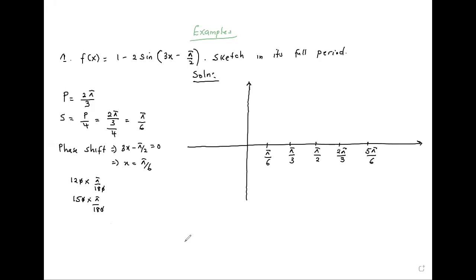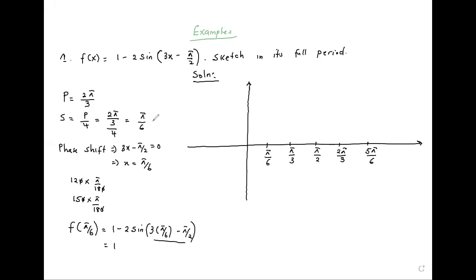Then now we get back to f. What is f of pi over 6? That's going to be 1 minus 2 sine of 3 pi over 6 minus pi over 2. You understand that this one is going to be 0 here, and sine 0 is 0, so we just get 1.